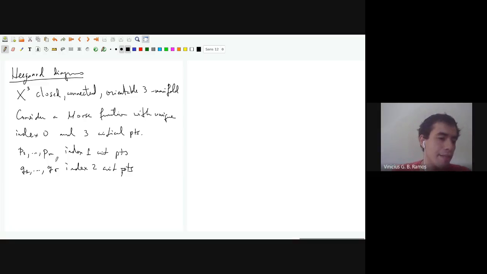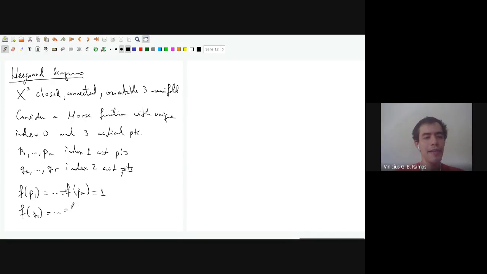So we could assume that all the critical values corresponding to index 1 critical points are strictly smaller than all the critical values corresponding to index 2 critical points. And to make it even easier, you can make the values at the index 1 critical points all equal, 1, for example. This is something a little funny, but it's done in the literature. This is called the self-indexing Morse function.